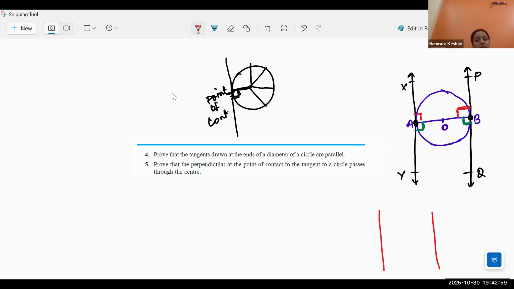That means these two lines must be parallel. Why? Because XY and PQ are there, and there is a transversal like this.